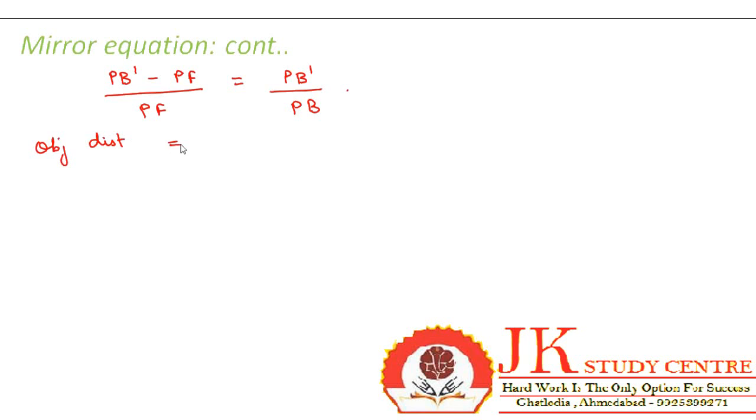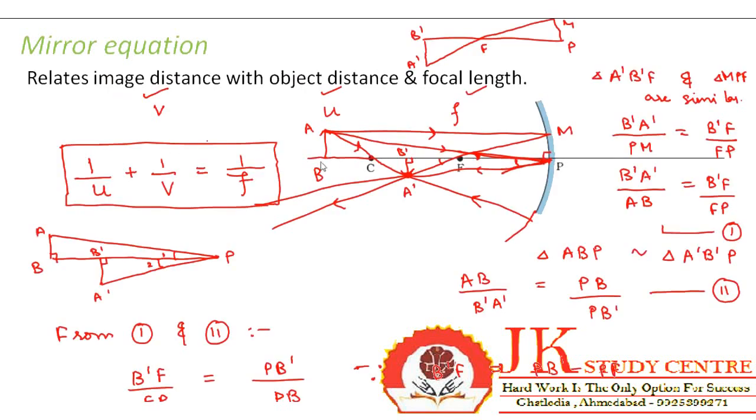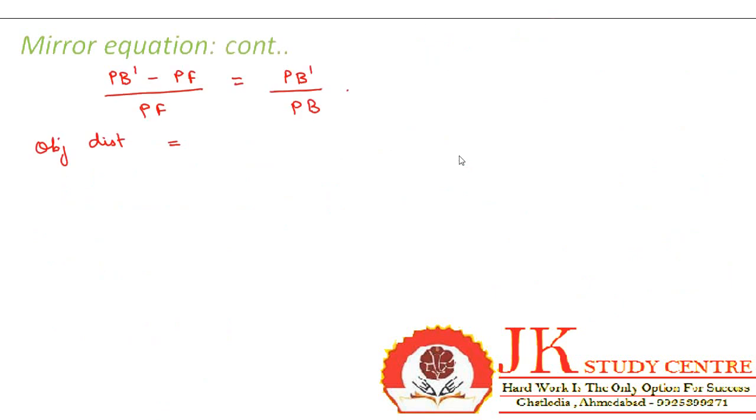Object distance is the distance at which the object is located. The object is located at this distance. So the distance PB is the object distance. Image is formed at B'. So the distance PB' is the image distance. So the object distance is PB, which is denoted by u. And what would be the sign? The sign would be negative because it is towards the left hand side of the pole. What would be the image distance?